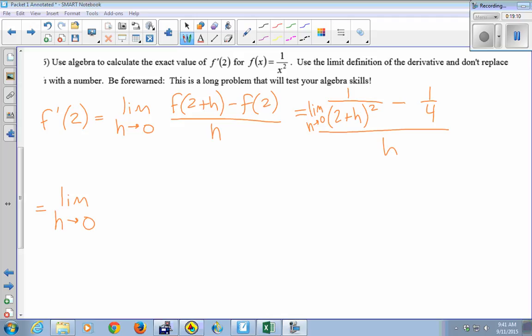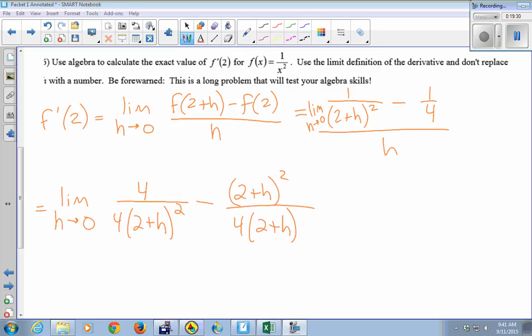So that first fraction you multiply by 4 over 4. So we get 4 over 4 times 2 plus h squared. And then the second fraction, multiply by 2 plus h squared over 2 plus h squared, all over h.